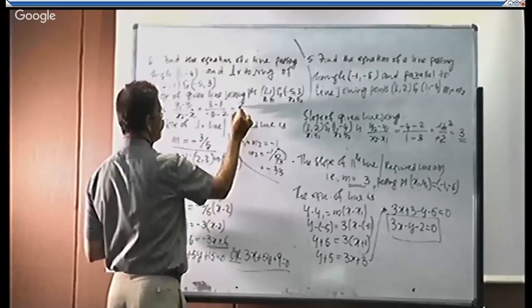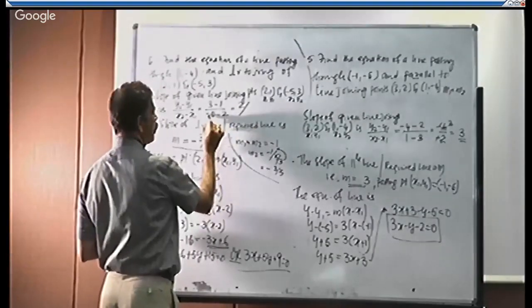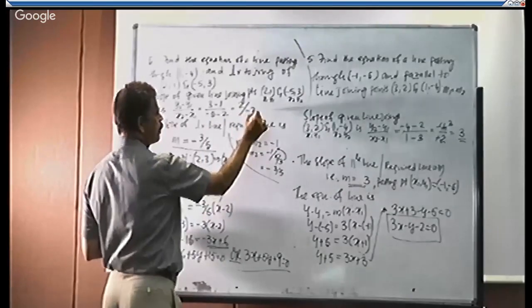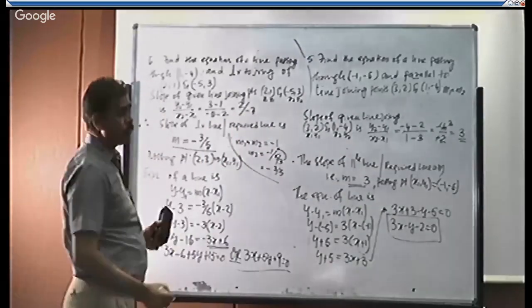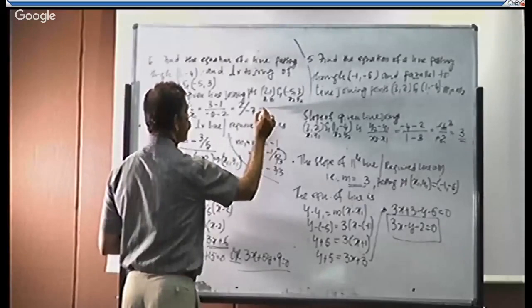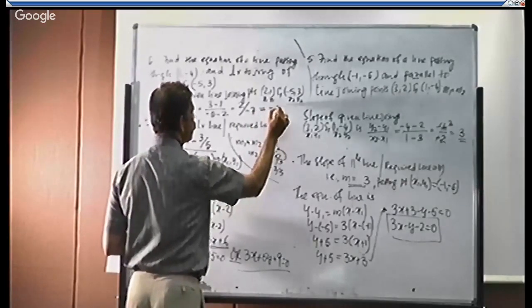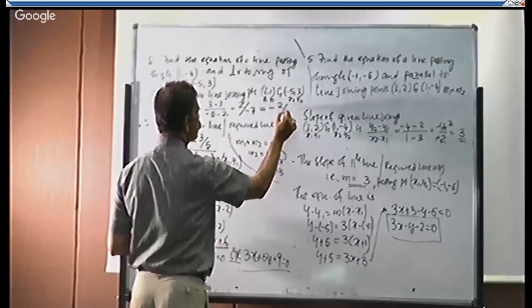That is 3 minus 1, which is 2, divided by -5 minus 2, which is -7. So the slope of the line joining the points is -2/7.